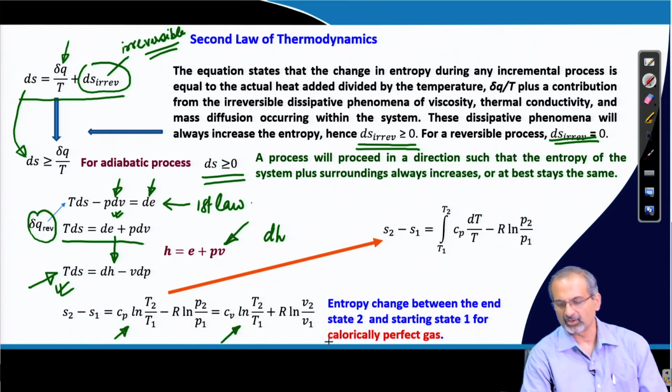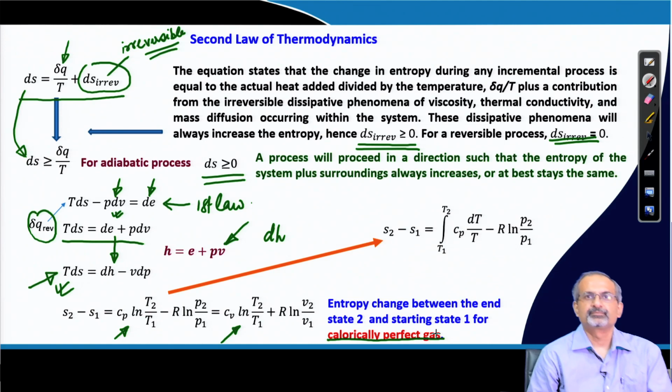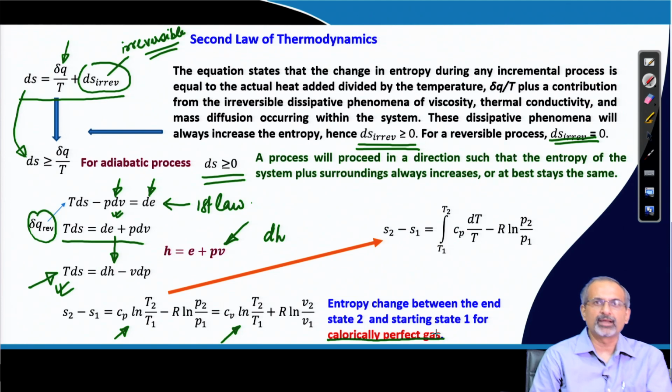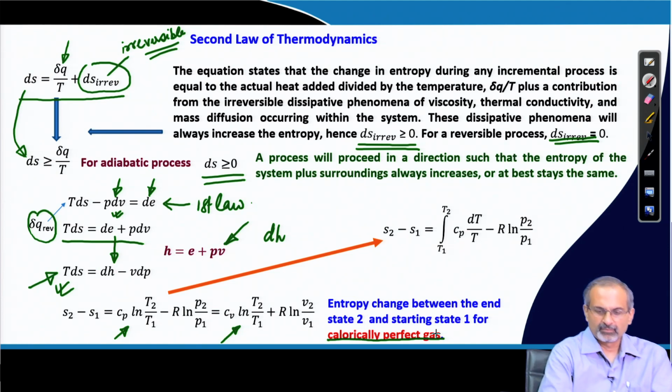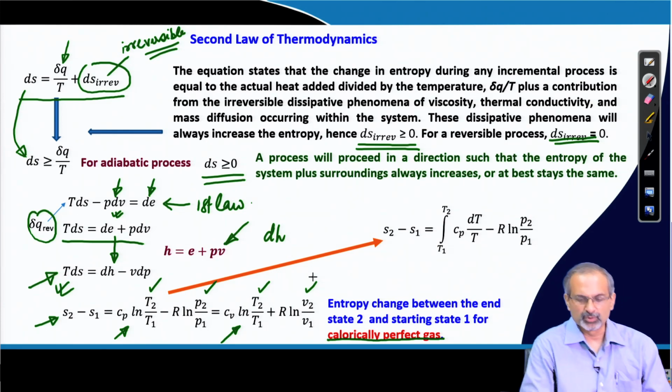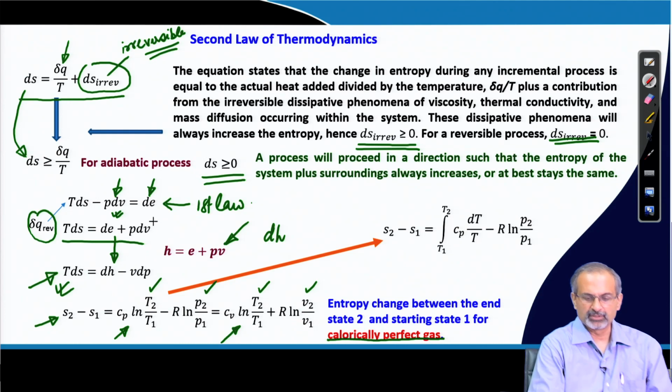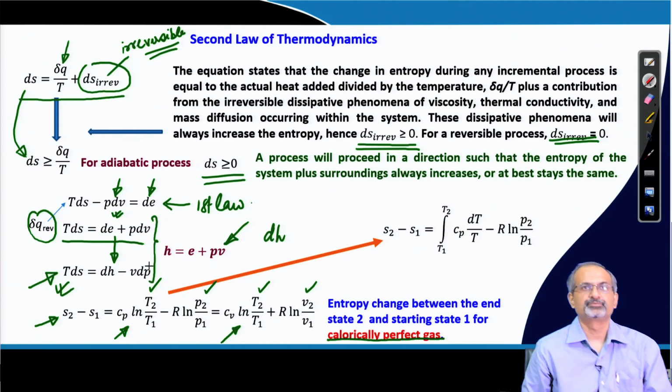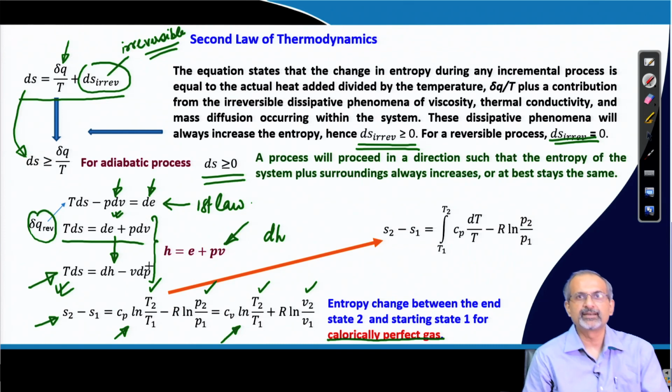If you are talking about a calorically perfect gas, so you get the entropy change between the end state 2 and the starting state 1, that gives you S2 minus S1 in terms of the temperature ratio and pressure ratio, or temperature ratio and specific volume ratio. So, these equations can be obtained by using these two possible forms of the first law and integrating them.